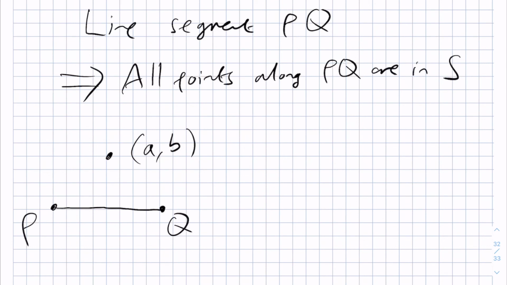This is because the distance function, which we looked at earlier for straight lines, between P and (a, b) and Q and (a, b) must take the same value for P and Q because they are both the nearest point. And so they must have the same distance between here and here and here and here.